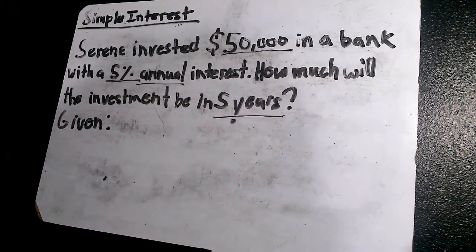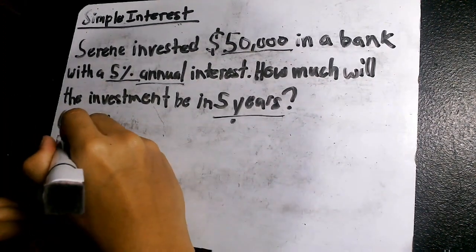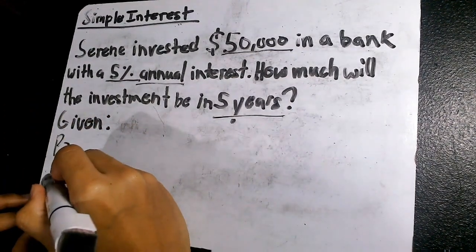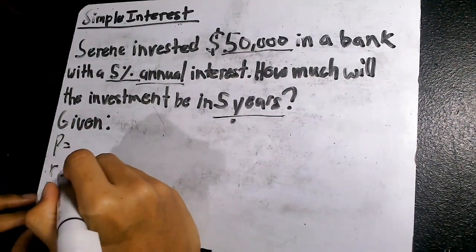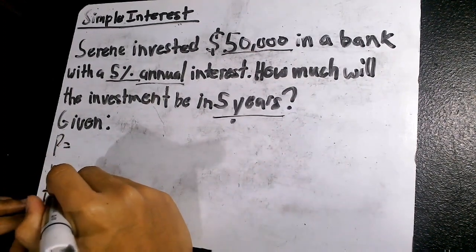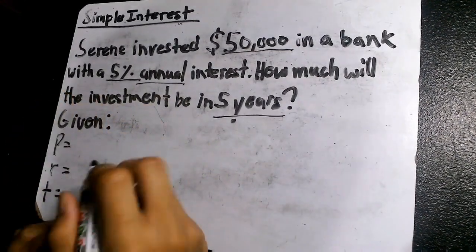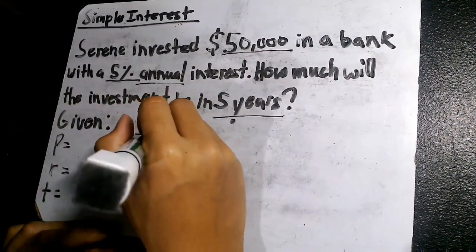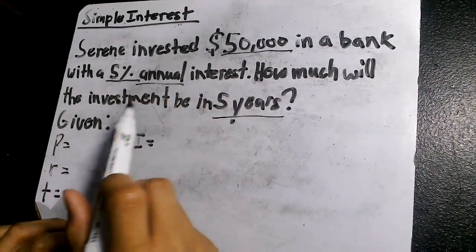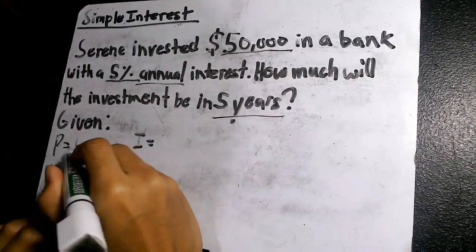First, let us determine P, which is principal amount, and R for rate, T for time, and I for interest. Principal amount, we have $50,000. So we'll write 50,000 here.